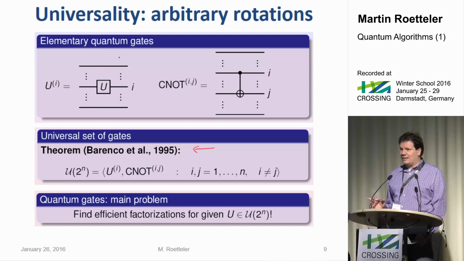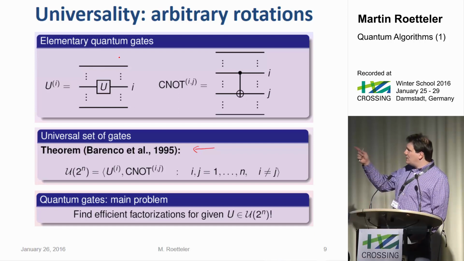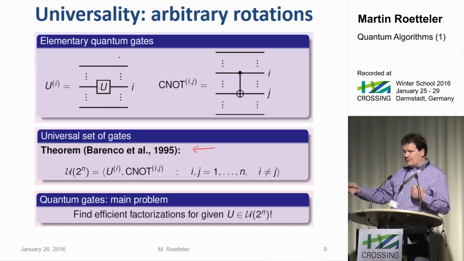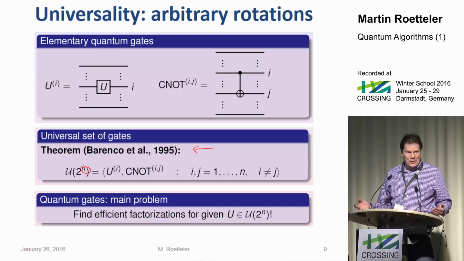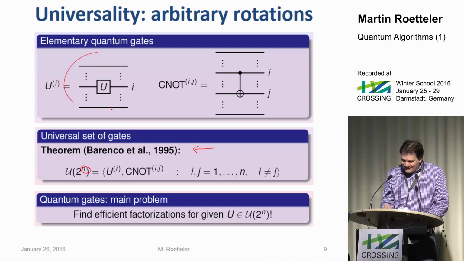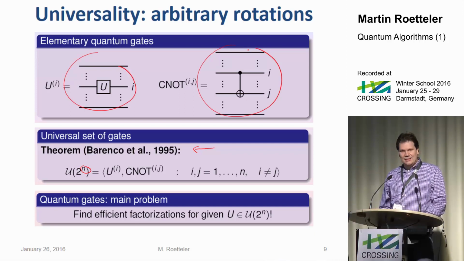That's an example where you can express it using local operations and CNOTs, but the word length to express it will be polynomial in this parameter little n, as opposed to being exponential in little n. Right? But at least it's very nice to know that we could in principle implement any operator on n qubits once we have these guys and once we have these guys.